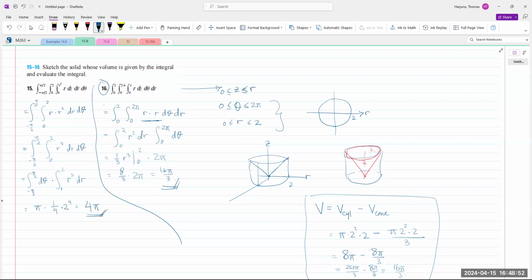Now can we sketch the solid? On r theta, the radius is from 0 to 2, but theta is from negative pi over 2 to pi over 2. So it looks like this: the semi-disk, half of a disk with radius 2, from negative pi over 2 to pi over 2.